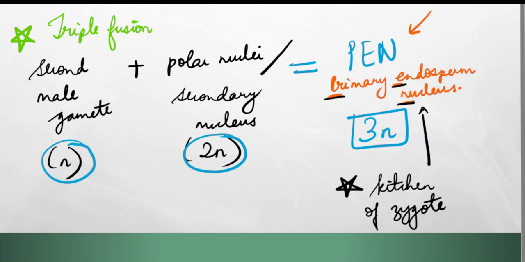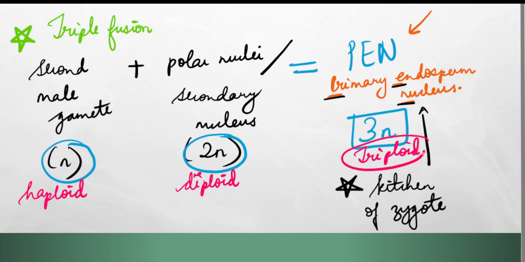It is known as triple fusion because your haploid male gamete fuses with a diploid polar nuclei to give a triploid structure. So we say it is triple fusion.